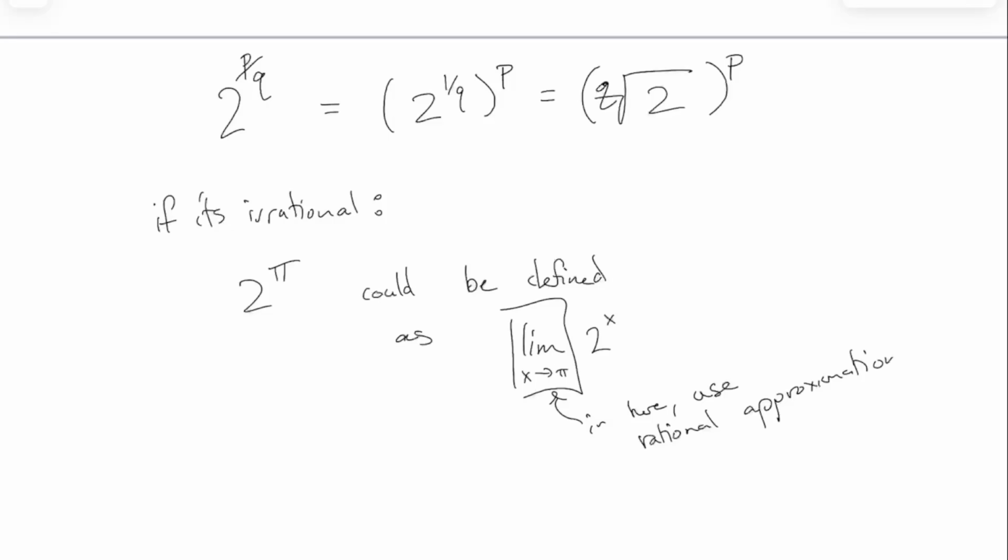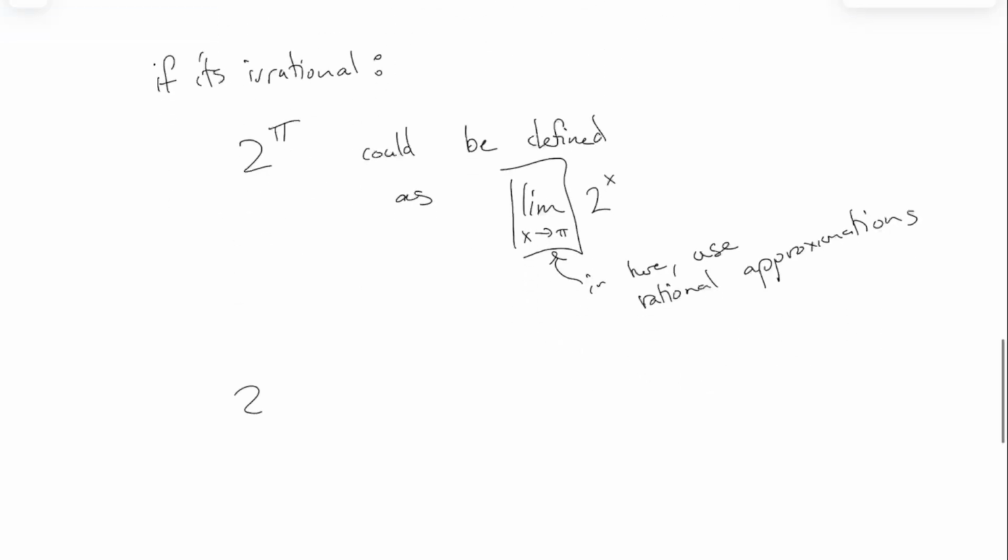What I mean by that is you start with just 2 to the 3, 2 to the 3.1, 2 to the 3.14, 2 to the 3.141, etc. You keep on doing this with closer and closer versions of pi, but those things are all rational. And so each of these numbers actually does make sense. And then you can take the limit of these numbers and get an answer. That's one way to do it.